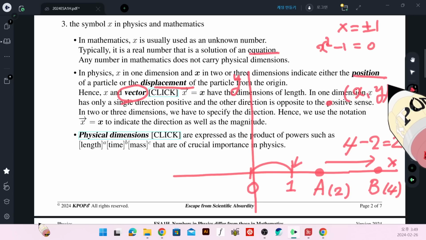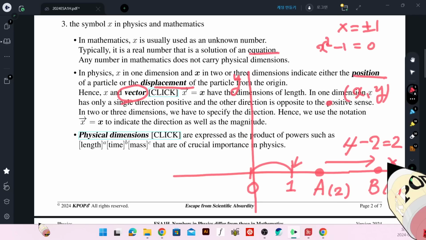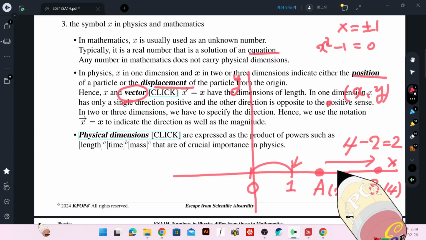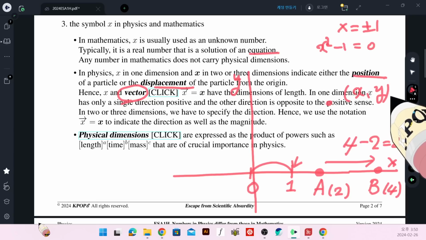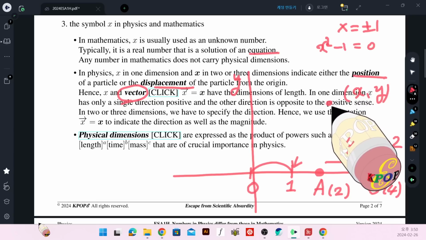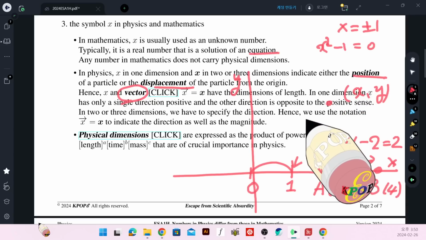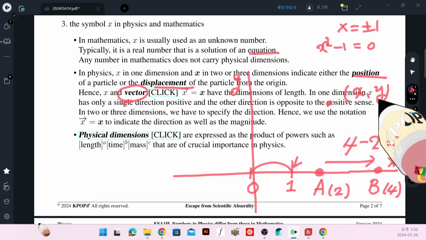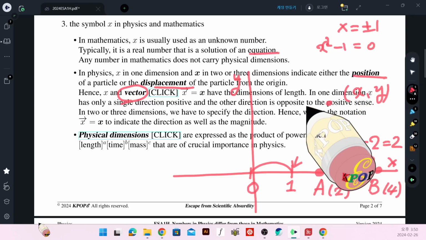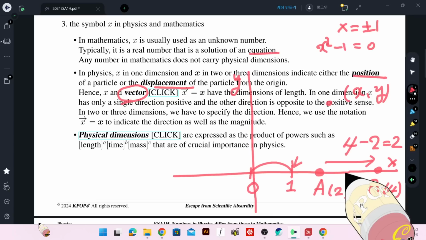There's the Cartesian coordinates of the horizontal and vertical axis, and using these two real numbers, you can identify a point on a plane. To express this, we need to extend the idea that we learned from the one-dimensional objects.